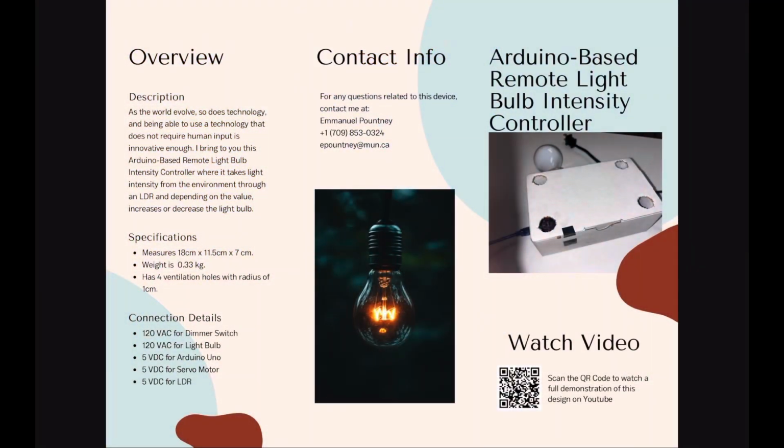So now I'll be going through the brochure. This is basically for anyone interested in purchasing the device and would like to know beforehand what this device entails. This is the name I gave at the beginning of this project: an Arduino-based remote light bulb intensity controller.